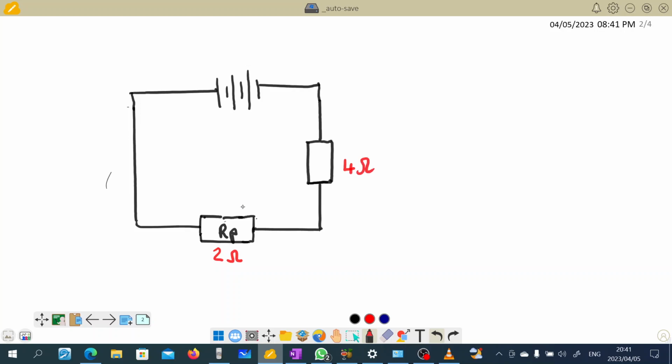So I have made the parallel resistors a single resistor of 2 ohms and this one is still 4 ohms. My battery is still 12 volts. To get R total, we take the 2 ohm and add it to the 4 ohm because they are in series. Then I can easily see that my total resistance is 6 ohm.